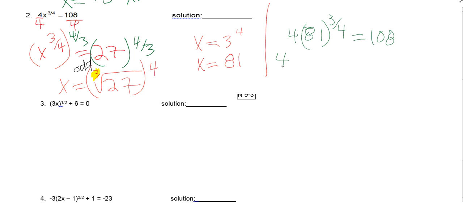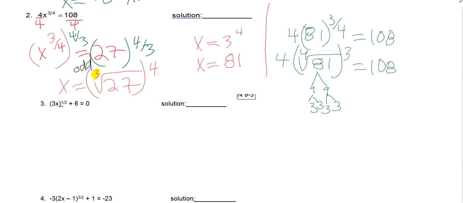I think we'll just keep this as 4, and then we'll radicalize this, put this 81 to the 4th root, and just raise this quantity to the 3rd power and see if it equals 108. And let's see, we know that this is equal to 9 times 9, and then of course 9 is broken down into 3 and 3.